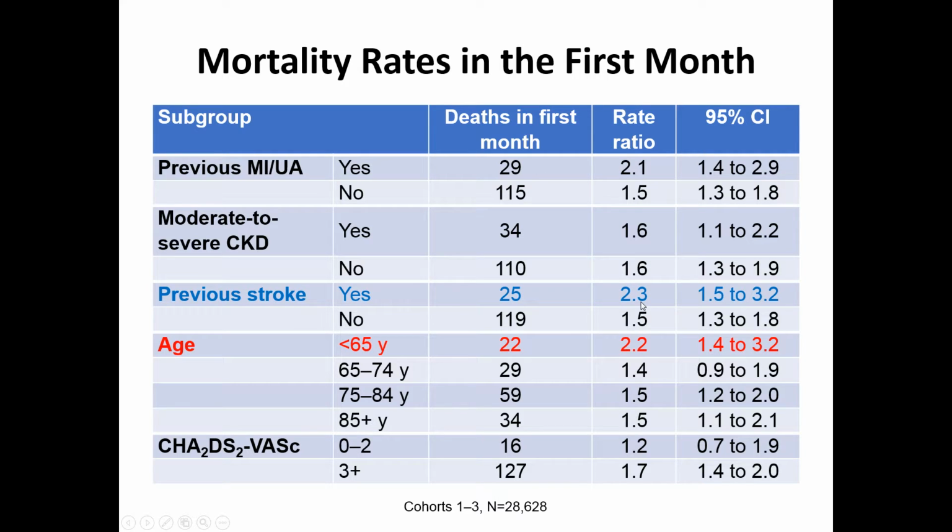So we can see that early mortality occurs particularly following patients who have had a stroke, and interestingly, early mortality is more common in young patients less than 65 years of age. Haven't actually looked into why this is yet, but I suspect that it's patients who present, for example, with carcinoma of the lung or acute pulmonary problems or something of that sort, who develop atrial fibrillation in the context of a serious illness.